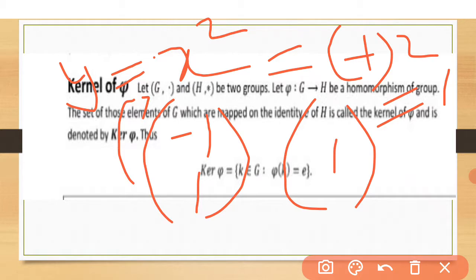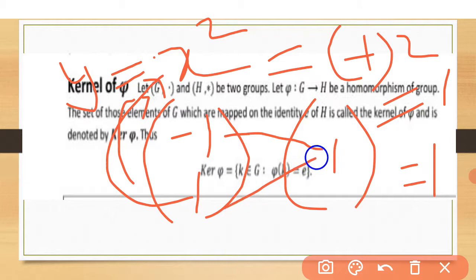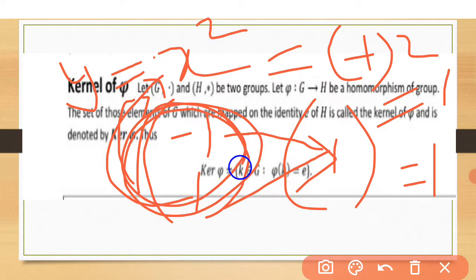Similarly, when we give the other value plus 1 to x square as domain, we again get plus 1. So 1 is also the identity of H. This shows that these two elements map onto the identity. So these two elements of G make the kernel of phi.